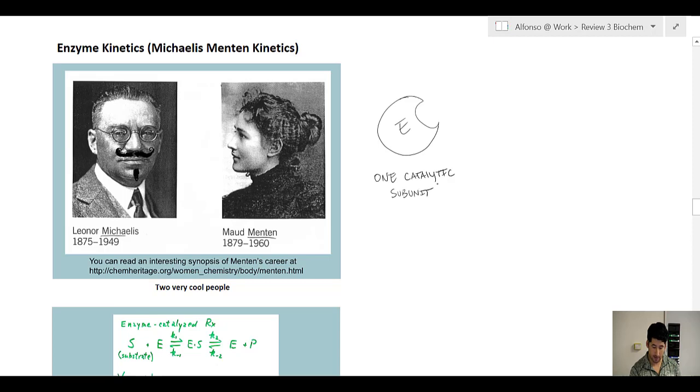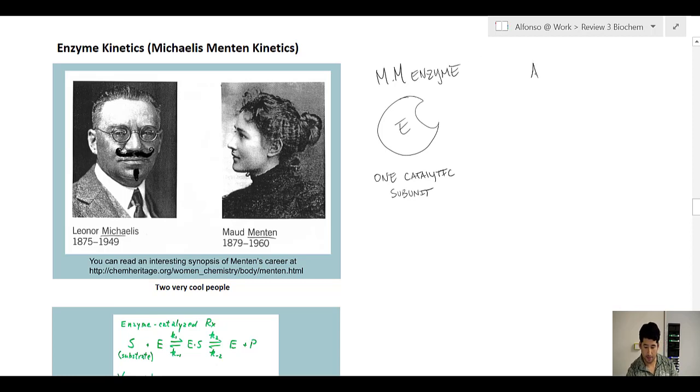Now this may seem a little simple, but this is extremely important, and it's what makes the difference between Michaelis-Menten enzymes and allosterically controlled enzymes. So this right here is going to be a Michaelis-Menten enzyme.